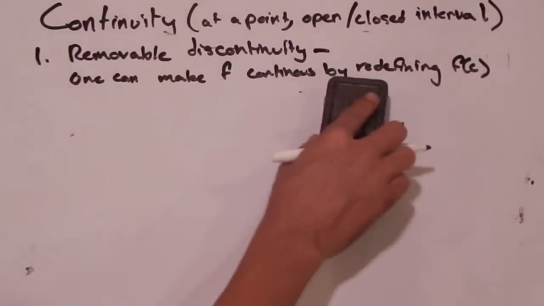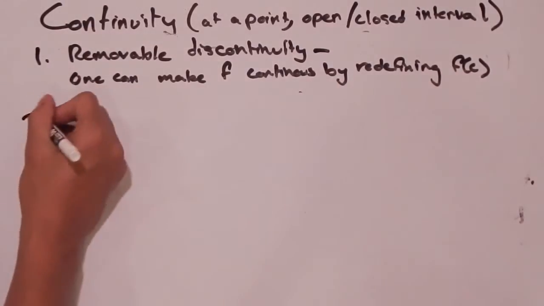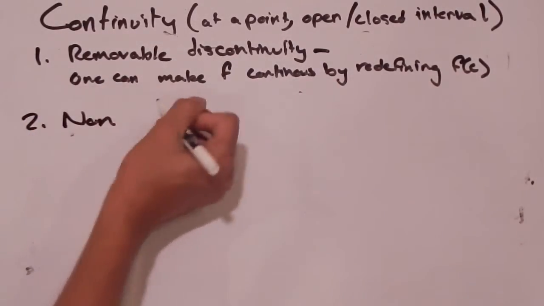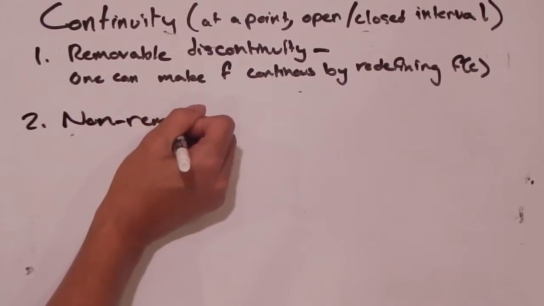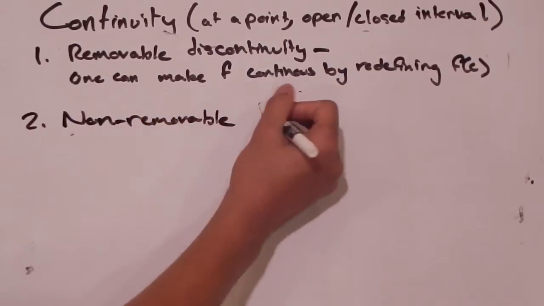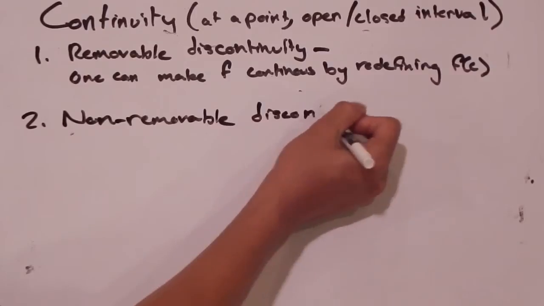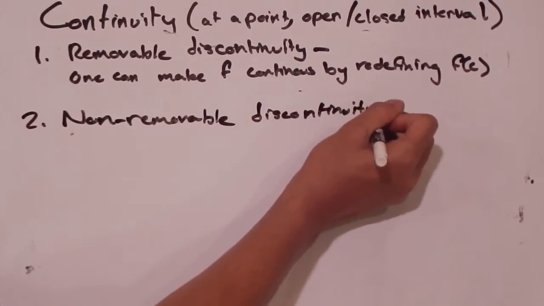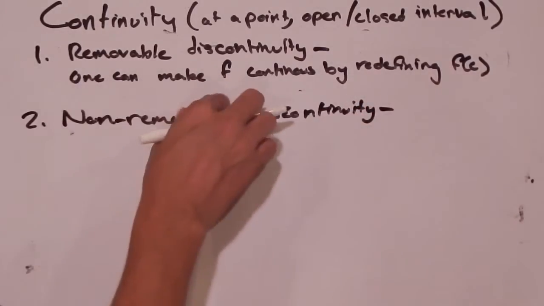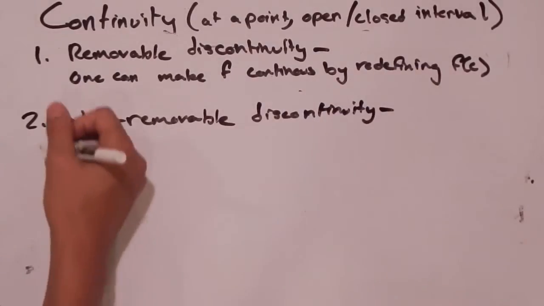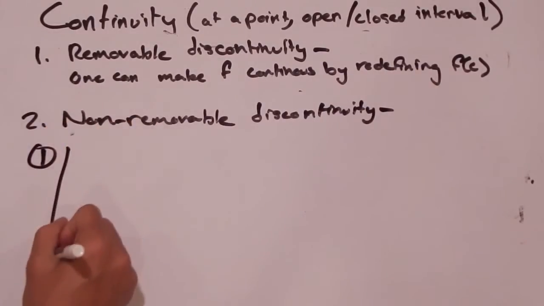There's a second kind of discontinuity, which is appropriately named a non-removable discontinuity. And this is when redefining f of c really won't make a difference. So there's two major examples.